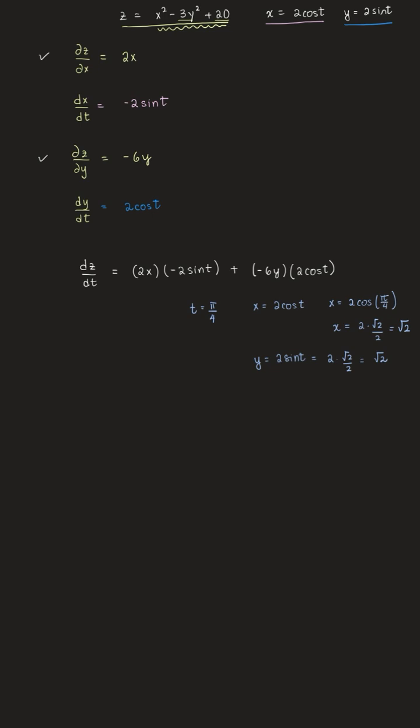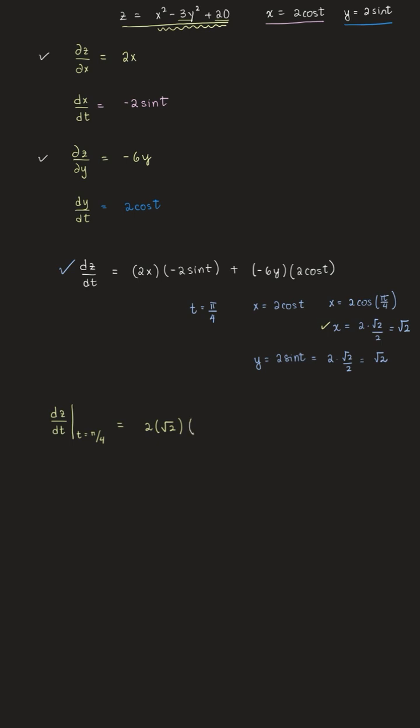All right, so let's go back to our derivative here and put in what we know so far. So we have that dz/dt at the moment when t is pi over 4, we will get 2 times x, but we know at that moment the value of x is the square root of 2. We found that here.